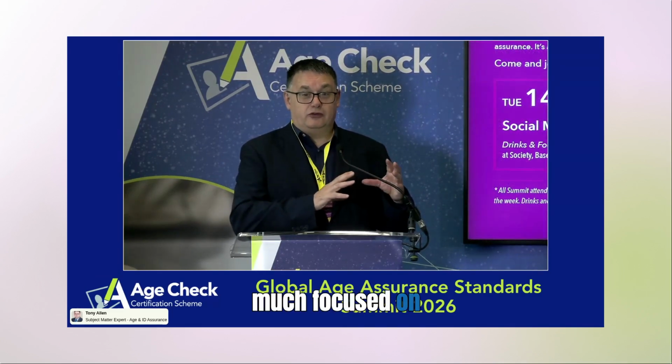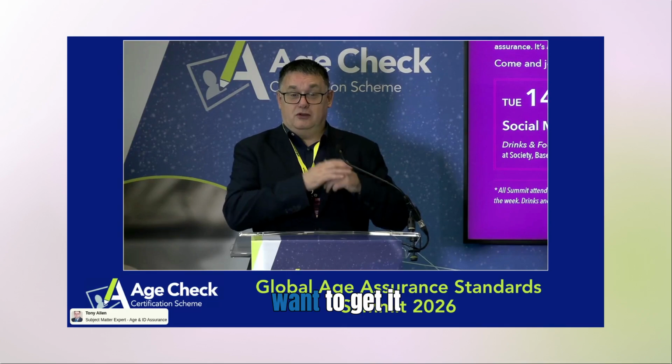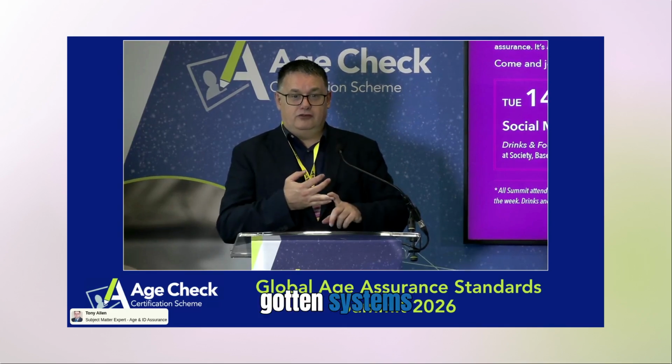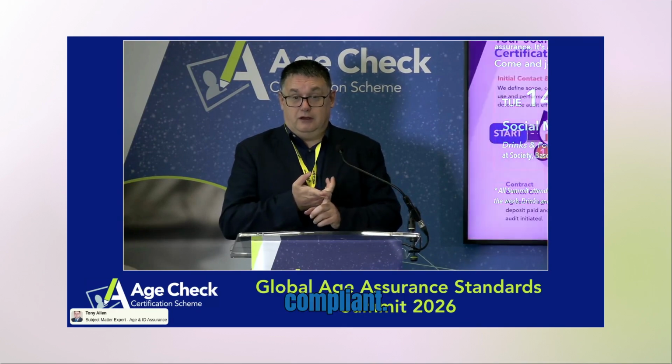In terms of our role as a certification body, it's a symbiotic relationship with government and with regulators. Our role is very much focused on the compliant end of that spectrum. So businesses that want to get it right, have got systems in place, and want to demonstrate that they are compliant. It's always voluntary. Certification ought not be mandatory.